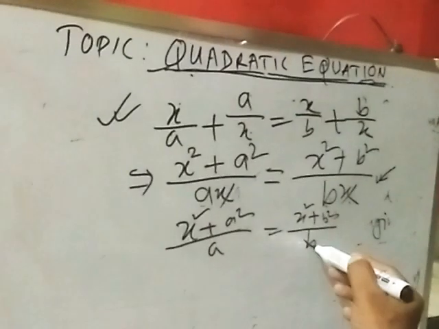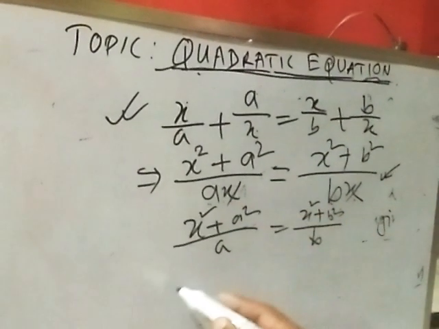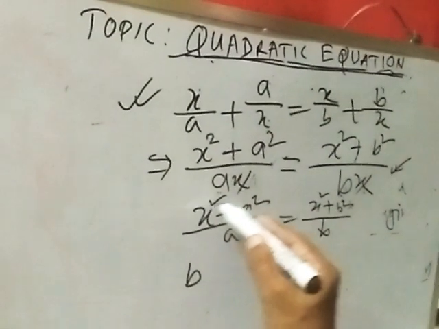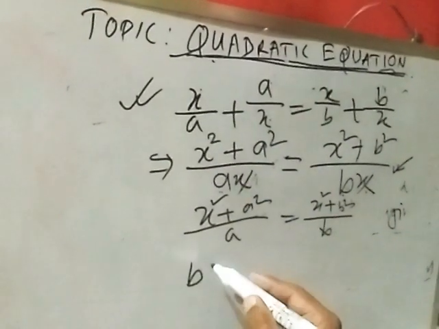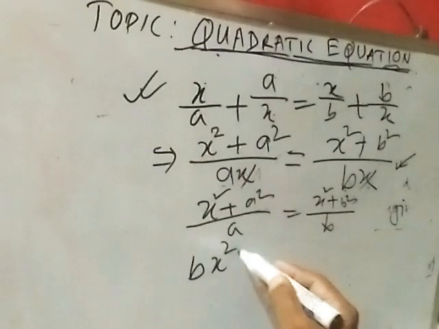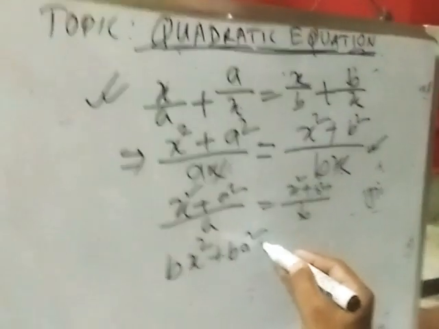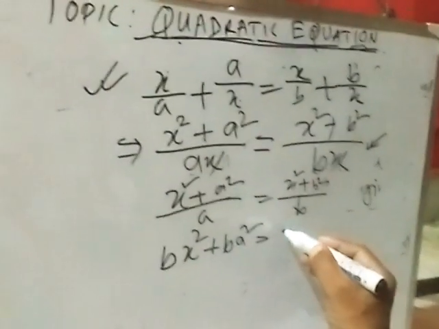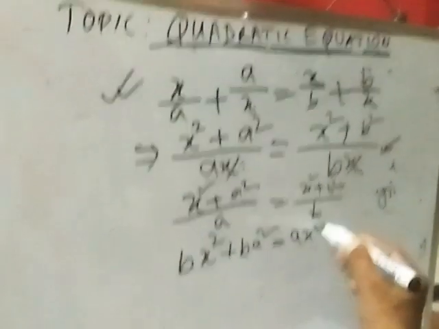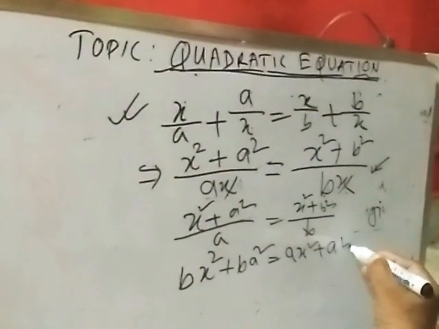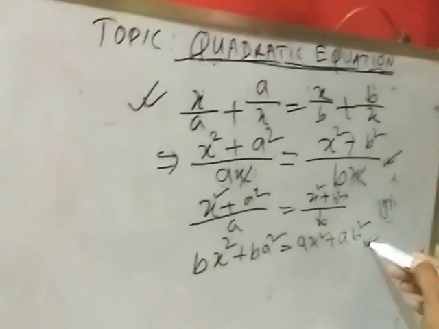Am I right? Then take the cross multiplication: (x square plus a square) into b, bx square plus a square b, equals a into (x square plus b square), ax square plus ab square. Clear this line? No doubt.